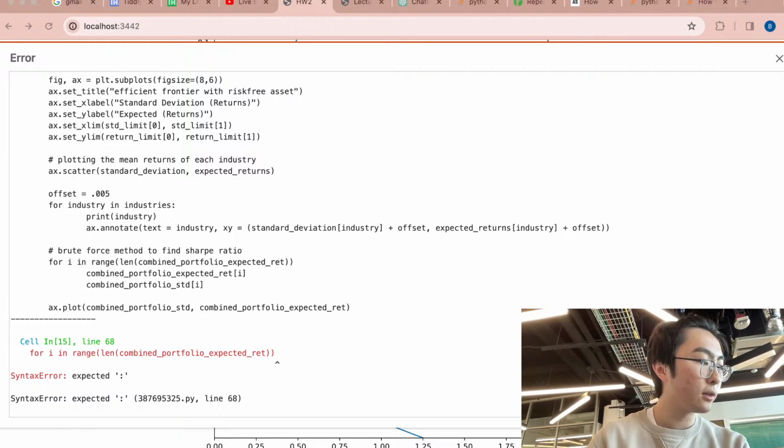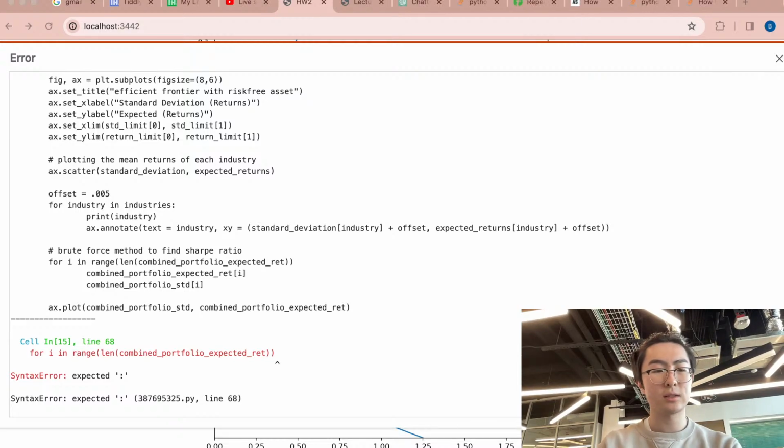Okay. Then now we can do Sharpe ratio portfolio is equal to sharpe ratio. Then we pass in expected return portfolio, then standard deviation return portfolio, and then we also pass in the risk-free rate of 0.01.